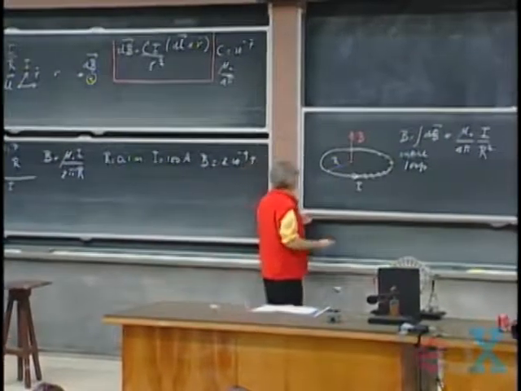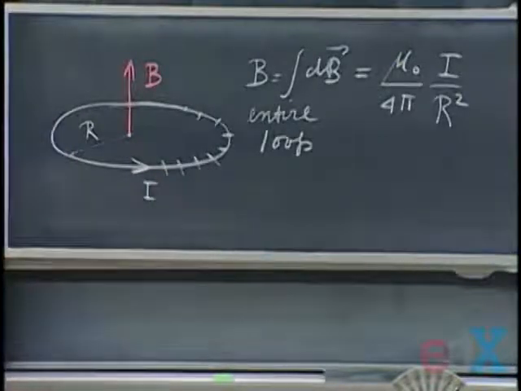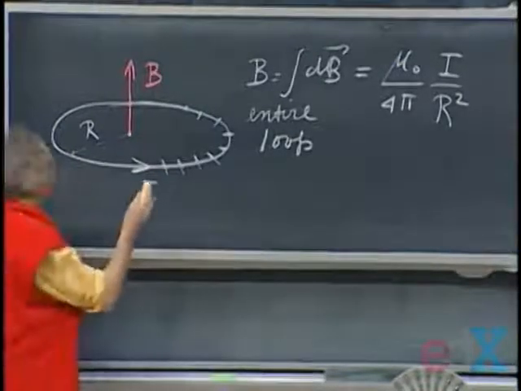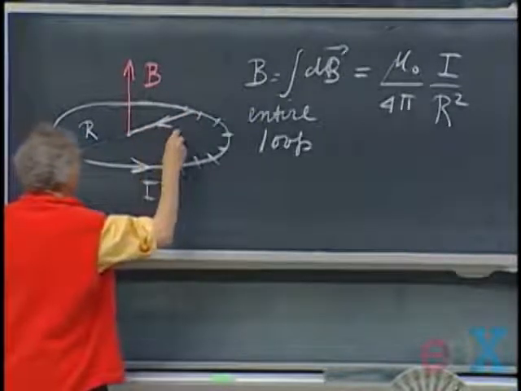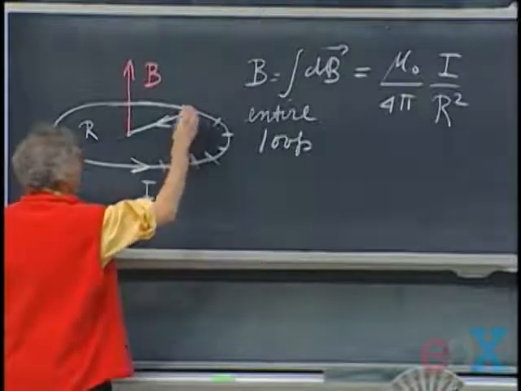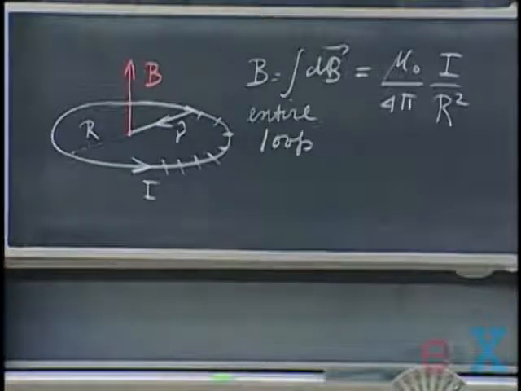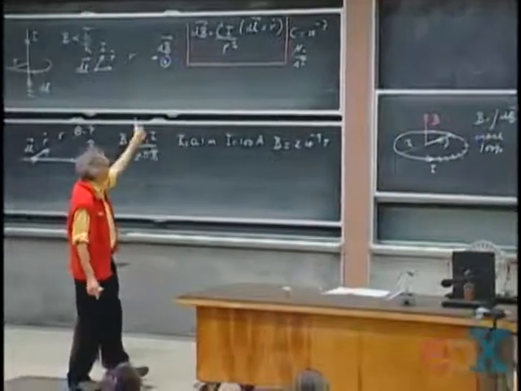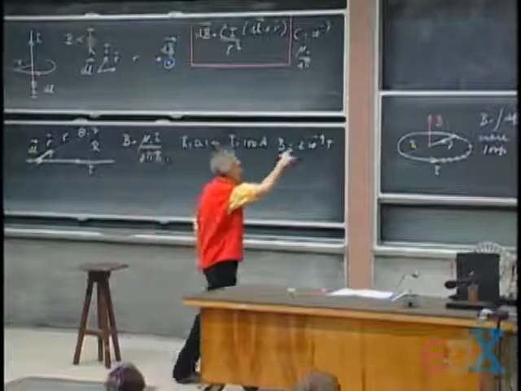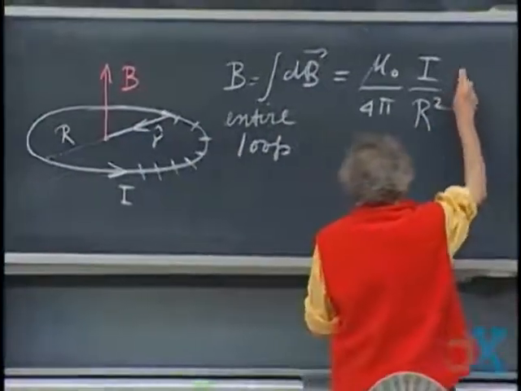Well, r is of course always perpendicular to dl. Any element dl that you choose, the unit vector r is exactly perpendicular to the element dl, because that's the characteristic of a circle. And so the sine of the angle between dl and r is 1, and so all we have to do is do an integral over dl, which is the integral over this circle, which is the circumference of the circle, and that is 2 pi r.